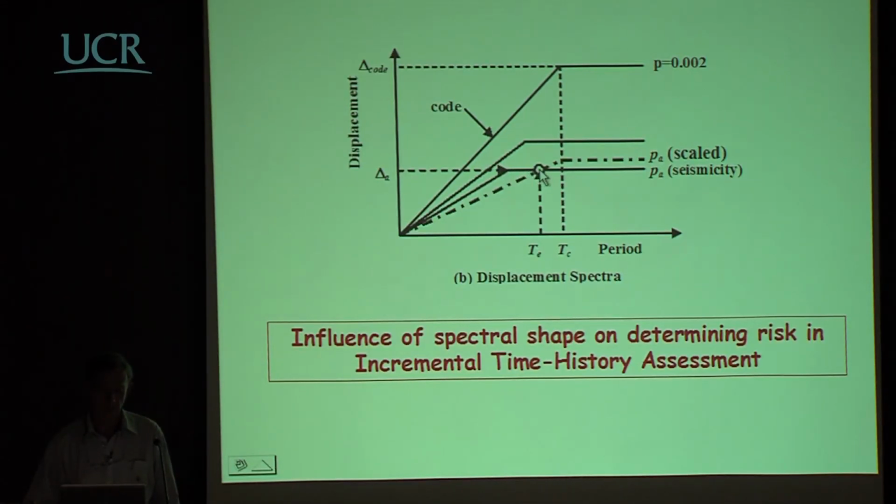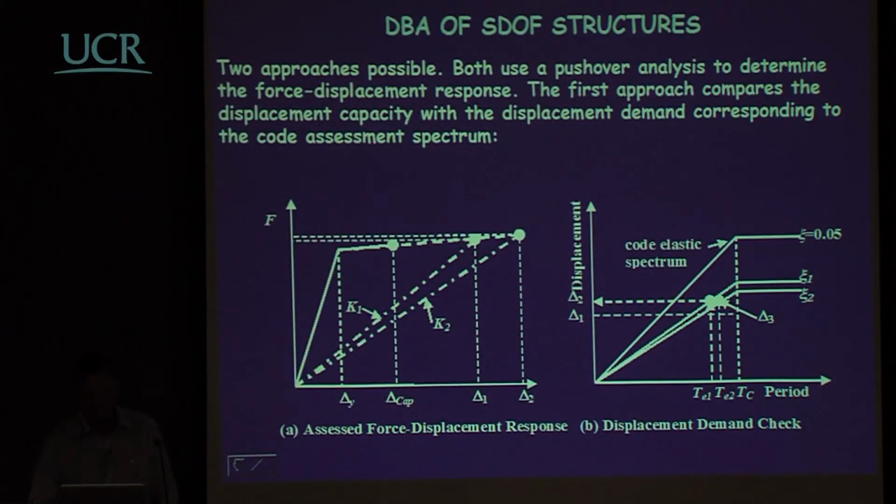Coming to this point here, depending on whether we're just scaling the spectrum down, which would give us this spectrum here, or whether we recognize the spectrum will be different for reduced seismicity and perhaps equal to this, then the peak ground acceleration associated with this spectrum or this spectrum will be different. And we don't take that into account.